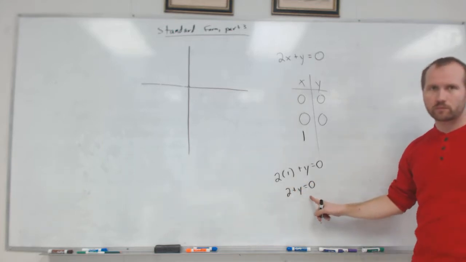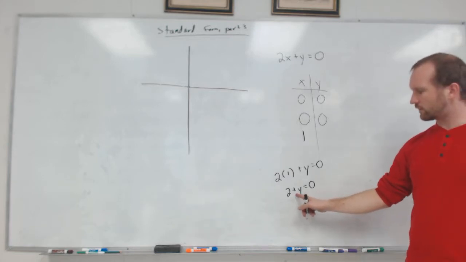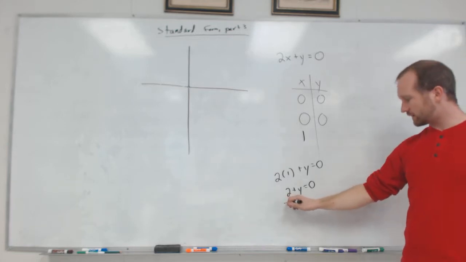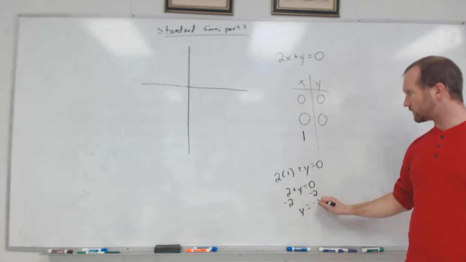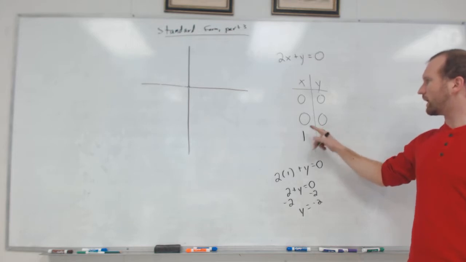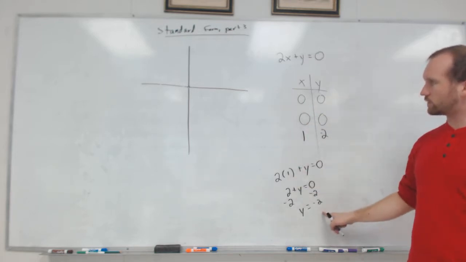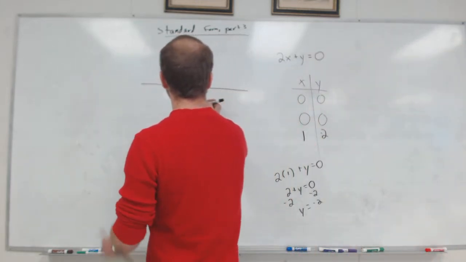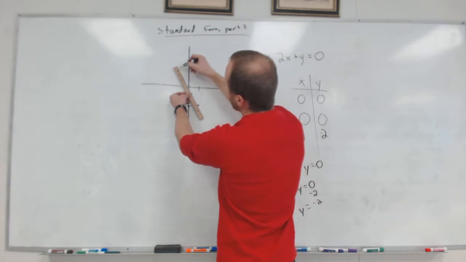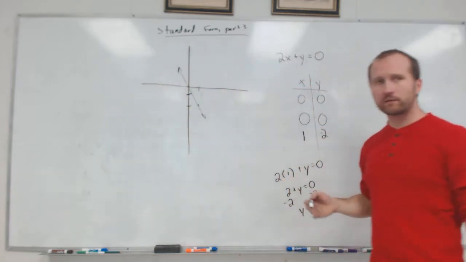I need to get rid of the 2, so I need to subtract the 2. So y would be negative 2. So when x is 1, then y is negative 2. I could put that point on my graph, and then all of a sudden, I can connect those 2 points in the form of a line.